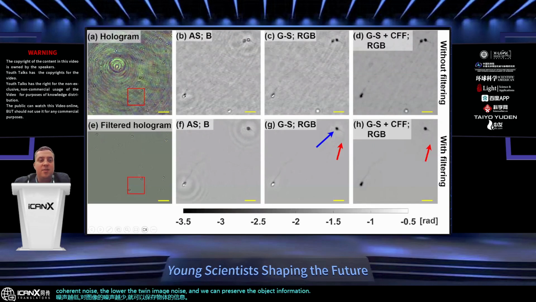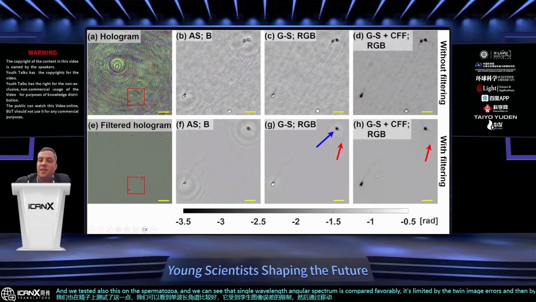And we also tested this on the spermatozoa, and we can see that single wavelength angular spectrum compares favorably. It's limited by the twin image errors, and by moving to Gerchberg-Saxton and to this additional filtering, we are increasing the signal to background, the signal to noise ratio, drastically.